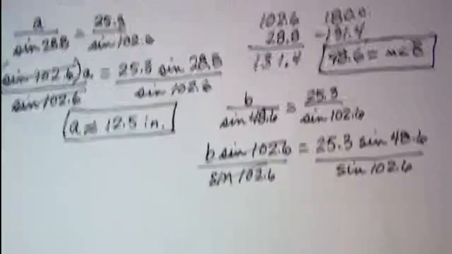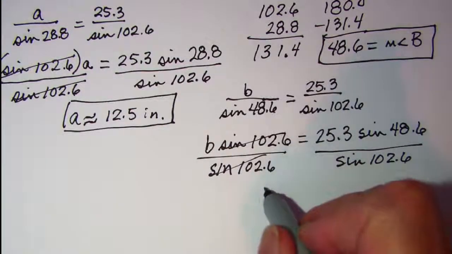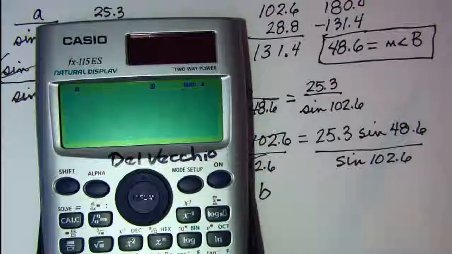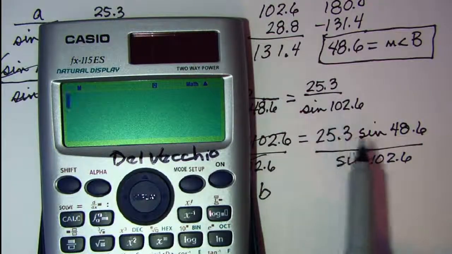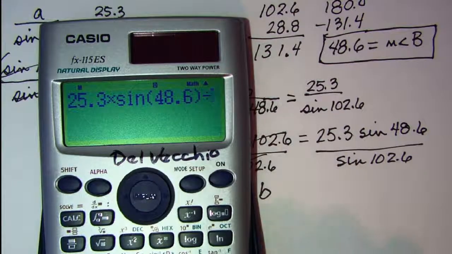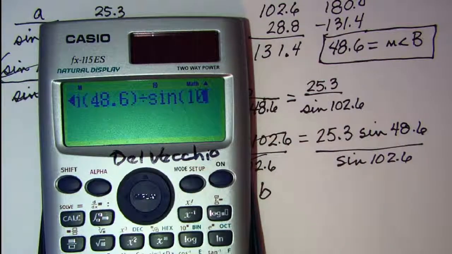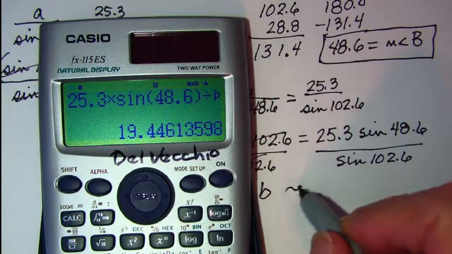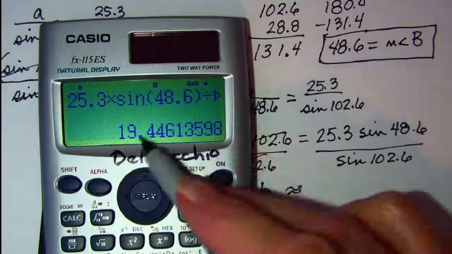And I have b equals 25.3 times the sine of 48.6, close the parentheses, divided by the sine of 102.6, equals. So b is approximately 19.4.